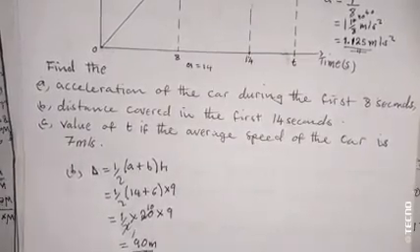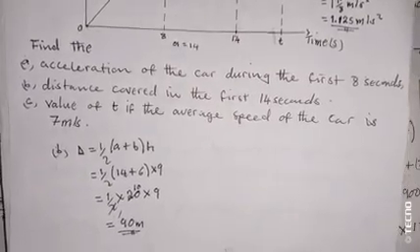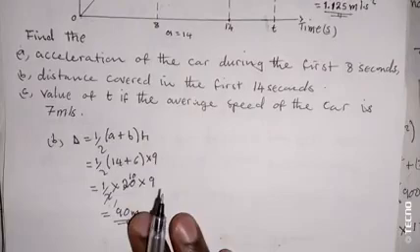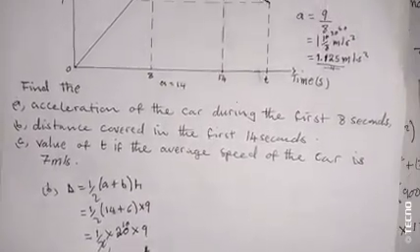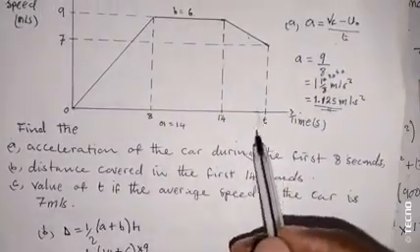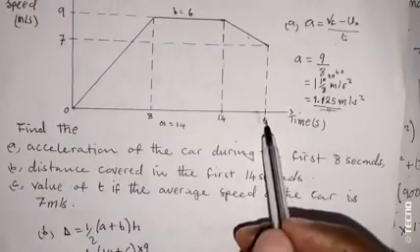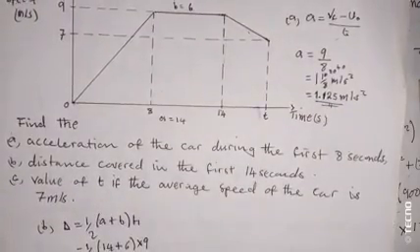This is the distance in the first 14 seconds. c, value of t if the average speed of the car is 7 meters per second. They want this value. So how do we calculate the time?